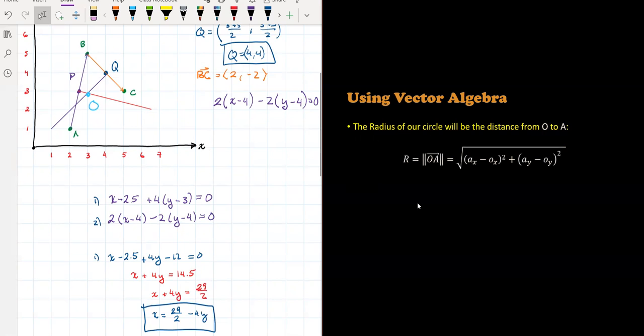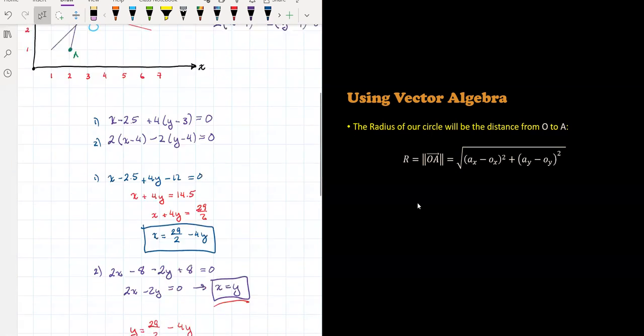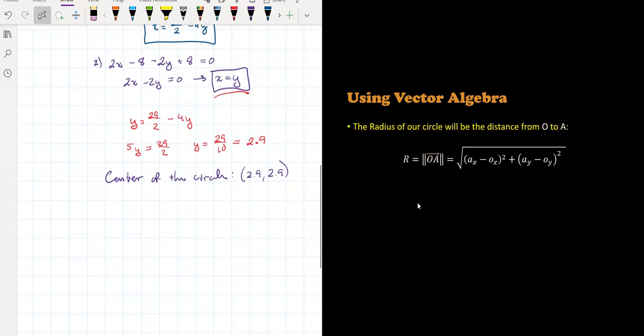And so we've got our point O, which is (2.9, 2.9), and our point A, which is (2, 1).